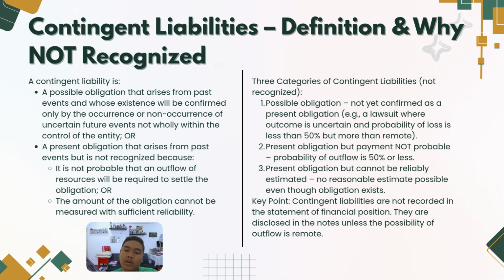Third, a present obligation, but the amount cannot be reliably estimated. No reasonable estimate is possible even though the obligation exists. The key point is that contingent liabilities are not recorded on the statement of financial position. They are only disclosed in the notes unless the possibility of outflow is remote.